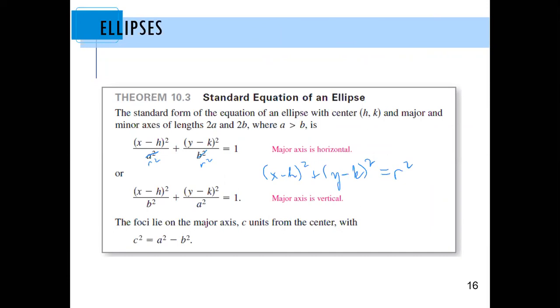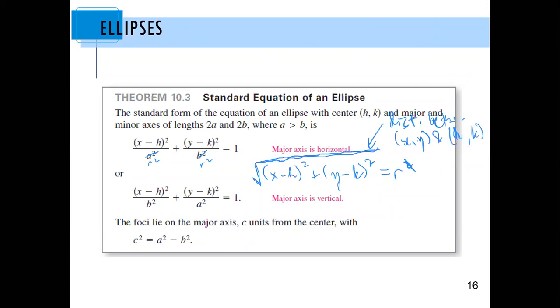Because this is describing, basically, if I take the square root of this so that this power went away, the set of all points (x, y) that are at distance r from the center (h, k), yes? Because this is the formula for distance between (x, y) and (h, k).